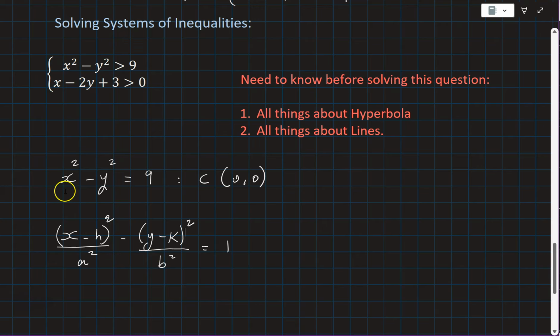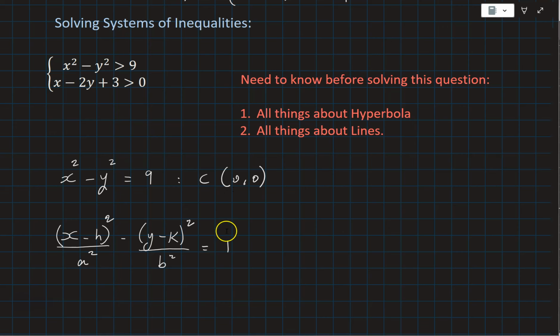In this case, A and B are the same, and this represents a rectangular hyperbola. I don't want to get into that, but check out the other videos about hyperbolas, and then you can refresh your memory. So center is 0, 0.